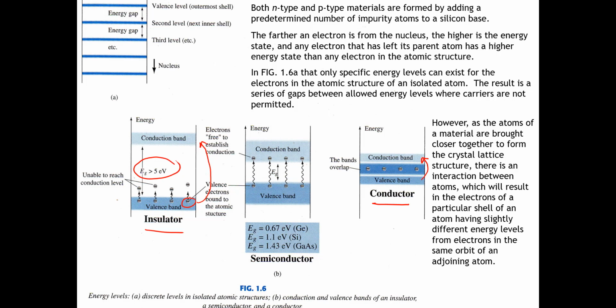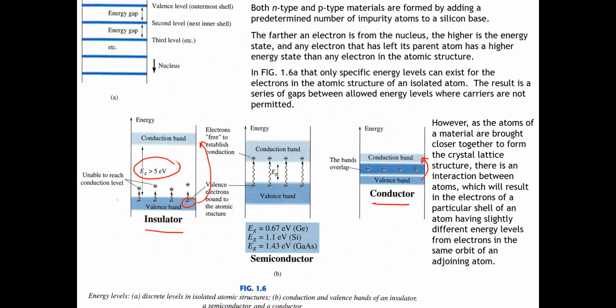So saying that current is difficult to move in an insulator is better than saying the current cannot flow. The term difficult is more appropriate to explain the insulator characteristic than saying it cannot move.